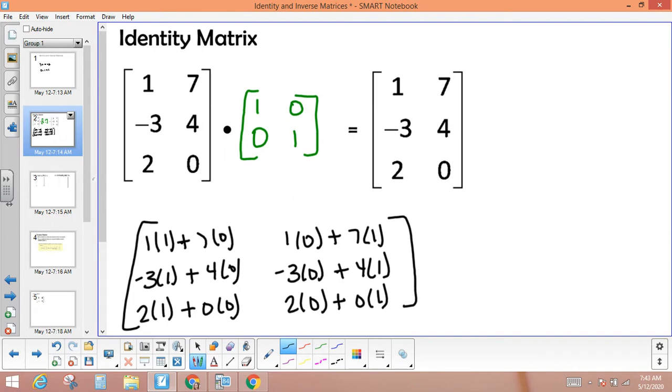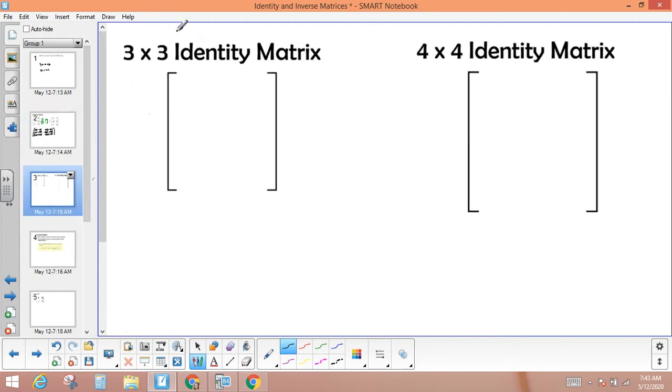Our job now is, first of all, can you tell me an identity matrix? If I asked you for a 2 by 2 or a 3 by 3 or a 10 by 10 identity matrix, remember they all have something in common: ones on the diagonal and zeros everywhere else.